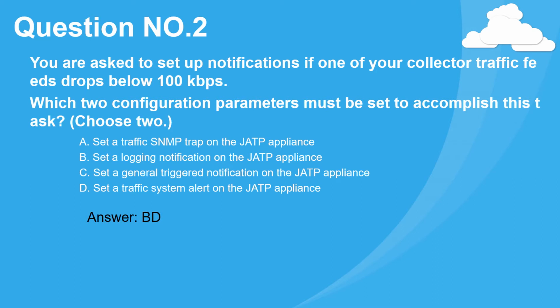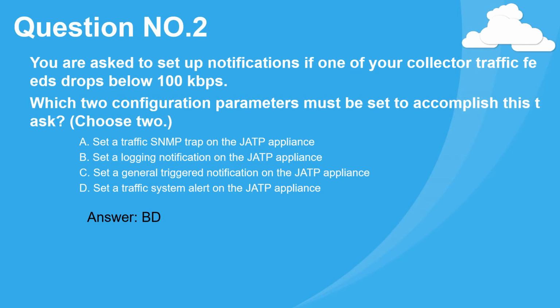Question number 2. You are asked to set up notifications if one of your collector traffic feeds drops below 100 kilobits per second. Which two configuration parameters must be set to accomplish this task? Choose two. A. Set a traffic SNMP trap on the JATP appliance.